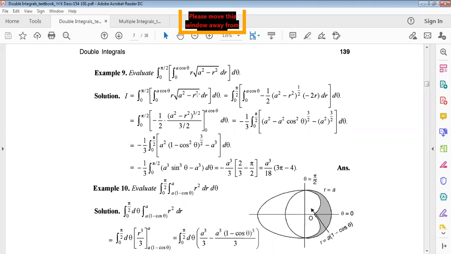With respect to r, a square minus r square whole to the power what will be? Half, right? Then the UV process: u into the integration of v minus the differentiation of u into the integration of v.